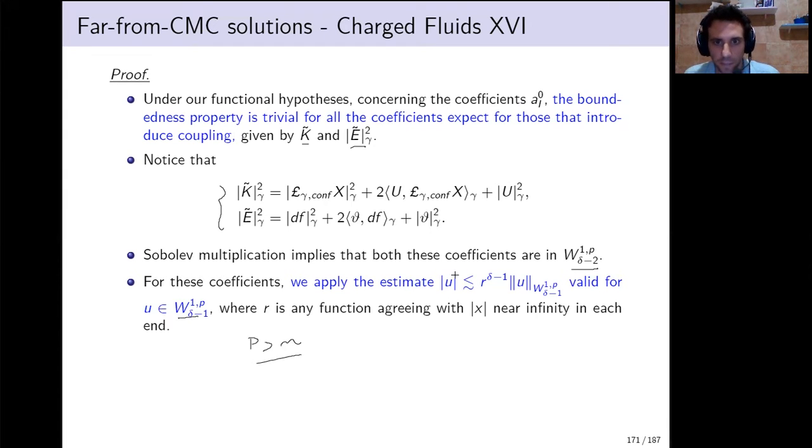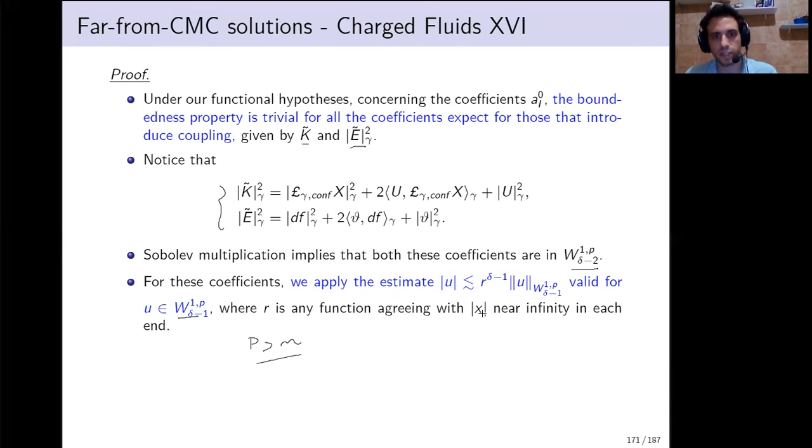This says that we can bound pointwise. Recall that we have a continuous embedding, so these sections are going to be continuous, and we can bound them pointwise by this expression here, with their norm. This function r is any function that agrees with the radial function near infinity in each end, and this radial function is computed with one of our end coordinate systems.